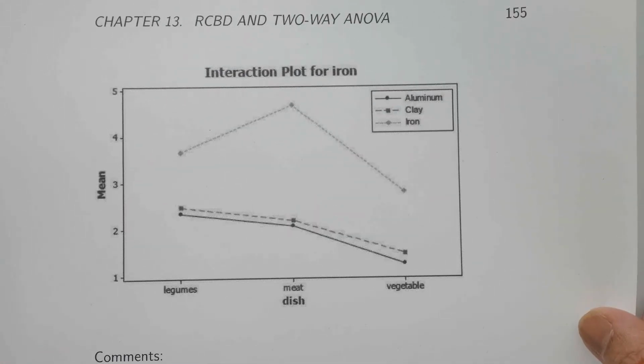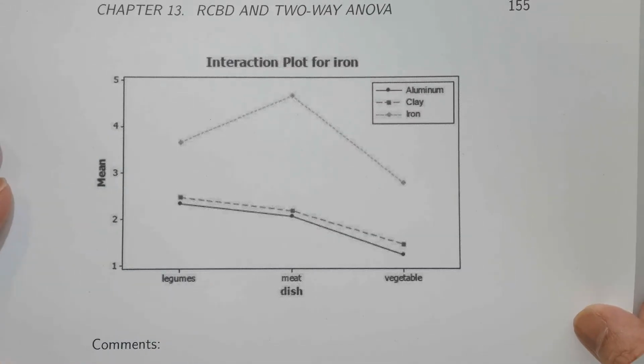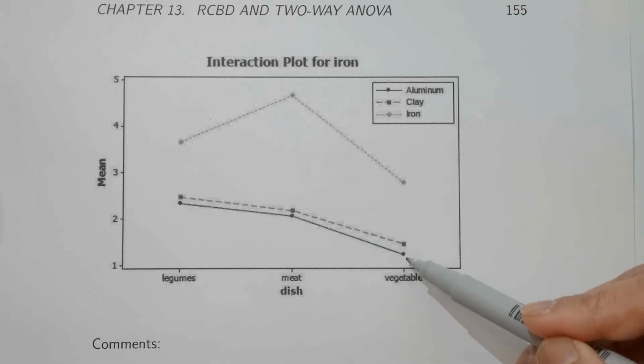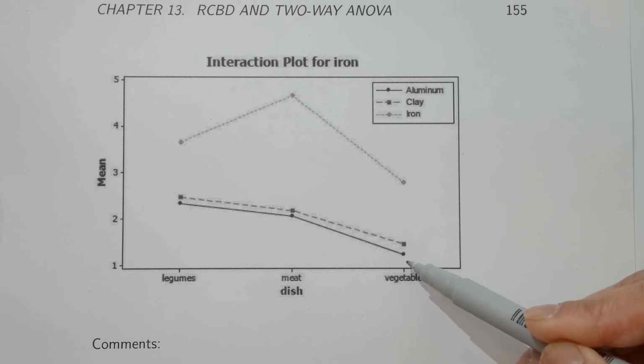So this is page 155. And what we can see looking at this is that these two lines are very close to each other and fairly similar, right? Fairly parallel to each other.